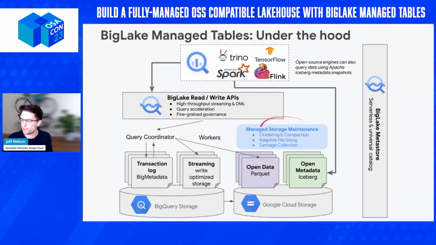On top of all of this, you see some of the other goodies that are provided, like clustering, file compaction, adaptive file sizing, garbage collection, etc. But regardless of which path you take to access a table, BigLake Managed Tables should look and feel similar to BigQuery native tables because there's a lot under the hood to make that happen.